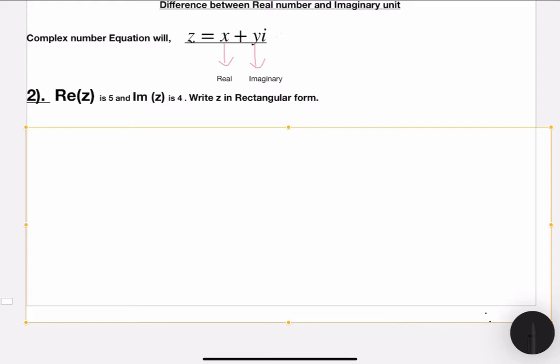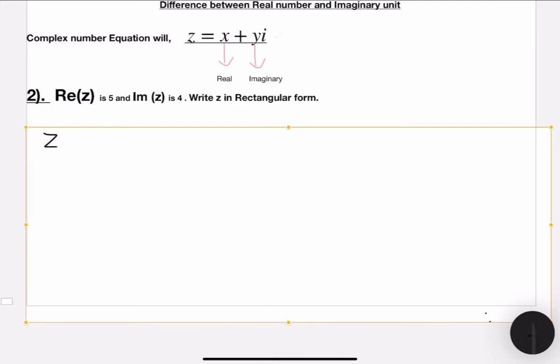In this question, Re, which is the real number, is 5, and Im, which is the imaginary unit, is 4. The question is to write z in rectangular form. As we know, x is a real number and y is an imaginary unit.